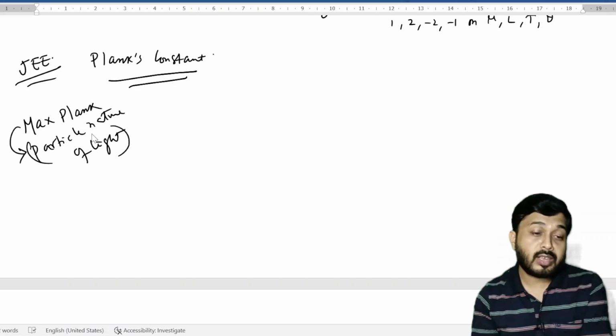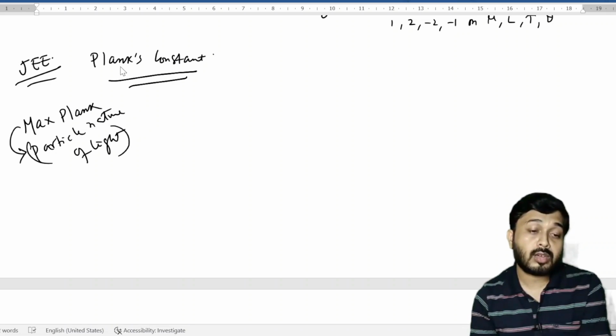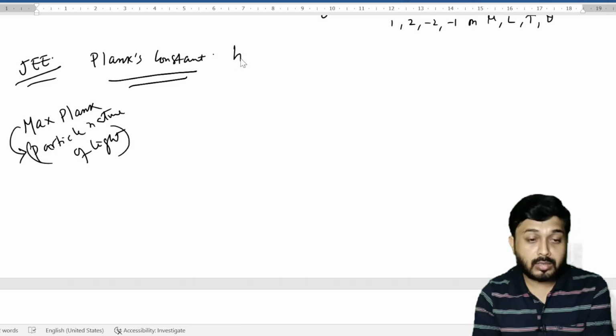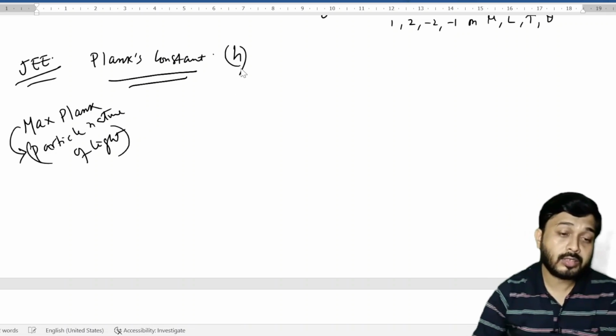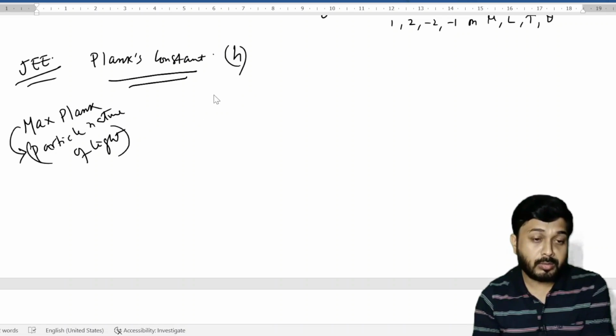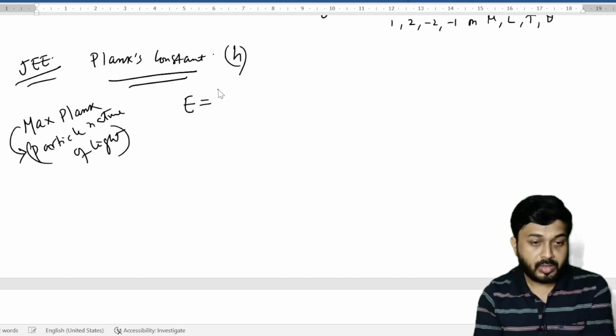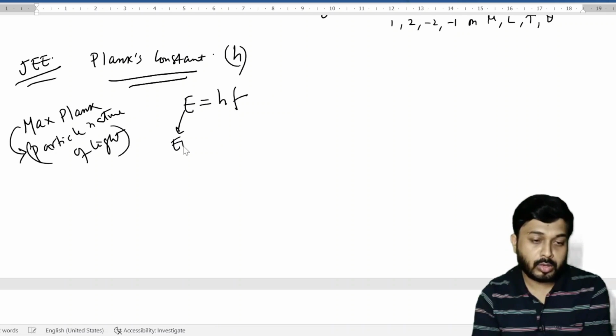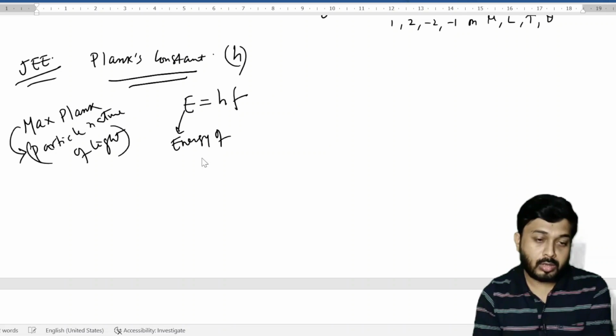In honor of his name, we have introduced a constant known as Planck's constant, with the symbol small h. The equation we shall make use of here is E equal to hf. E is the energy of a photon.